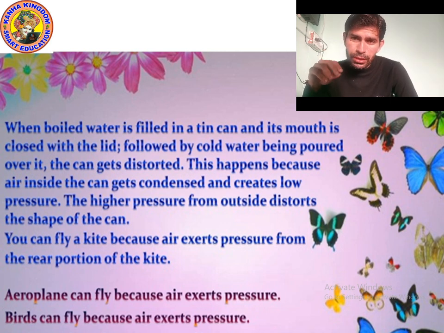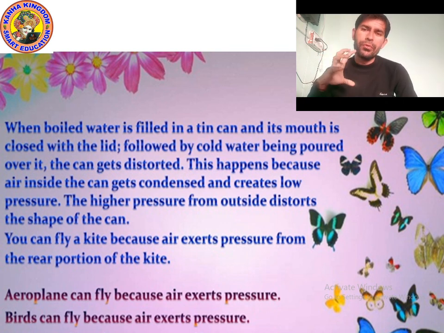When the air is hot, it tries to rise up, so it creates low pressure inside, and the high pressure outside is applied on the can, which helps to distort its shape. Yes, this is the reason that the shape of the tin can is distorted.